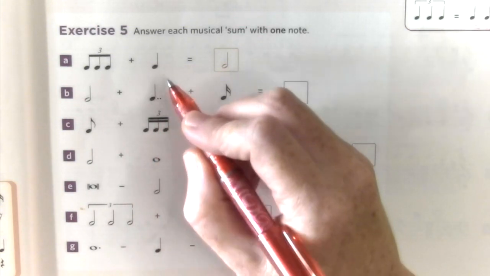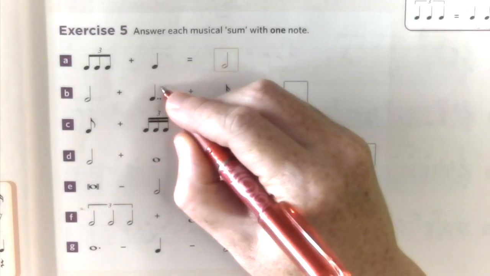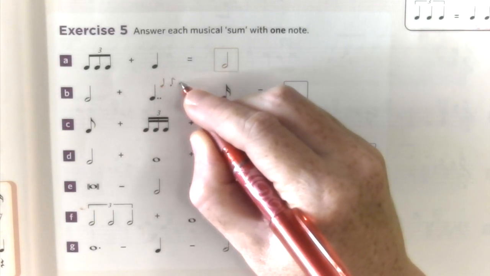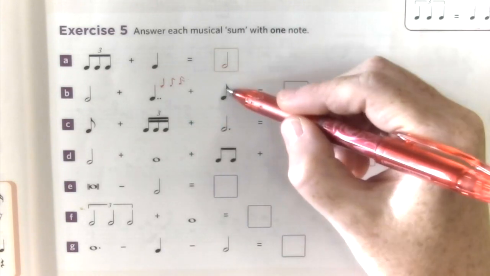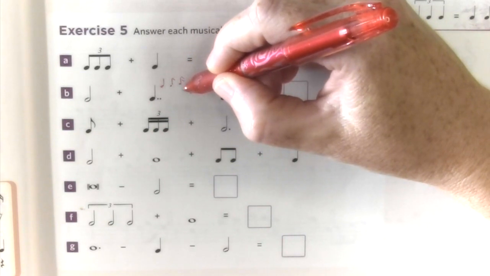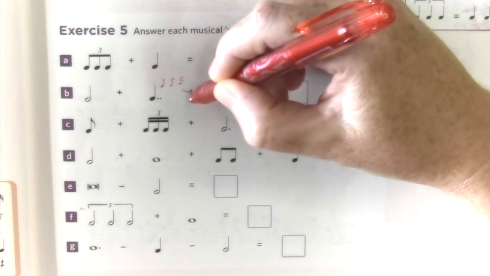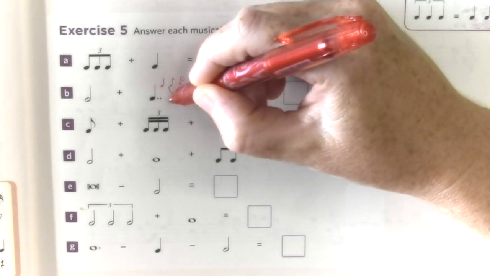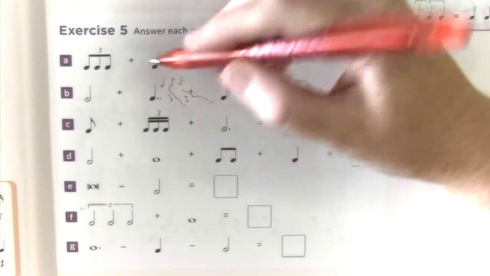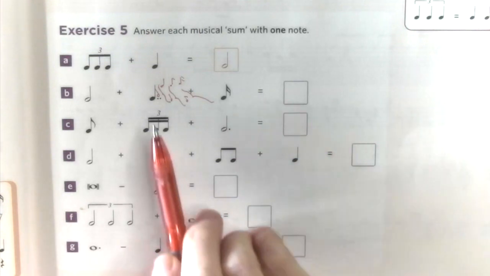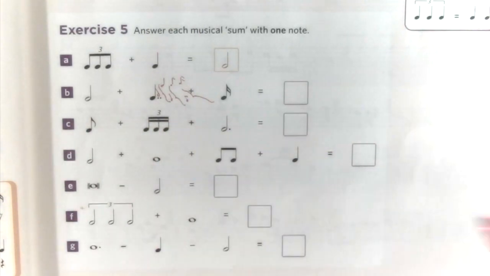This dotted crotchet is equal to a crotchet plus a quaver plus a semiquaver, which paired with this, so these two together make a quaver. These two together make a crotchet, and these two together would make a minim. So a minim plus another minim is a semibreve, and here it is.